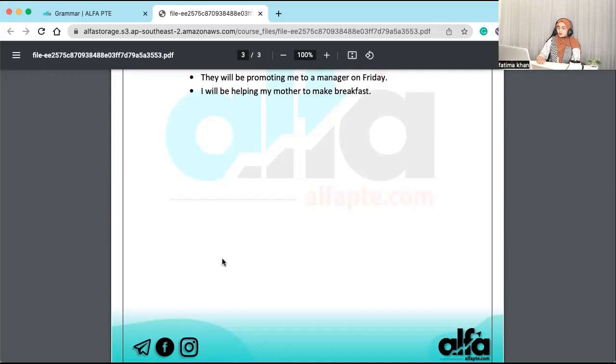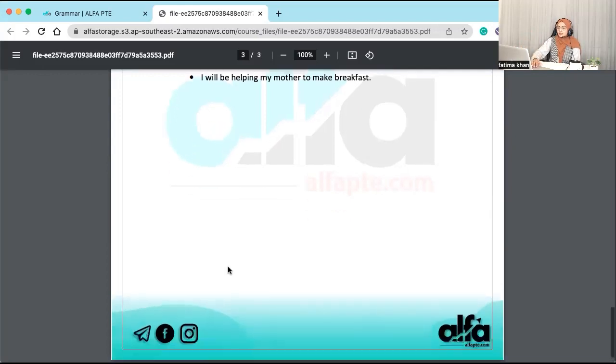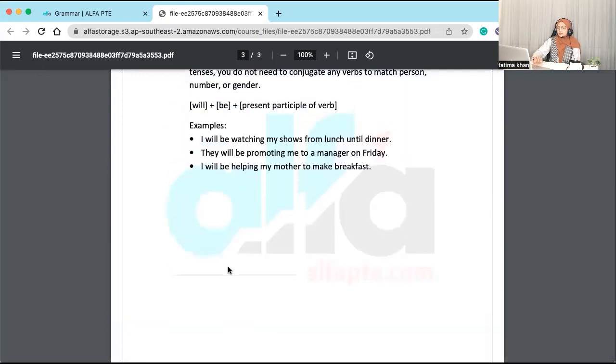Okay. Or what else? My parents will have been moving in with me by this time next month. So, something that will happen in the future which will be ongoing for a specified time. That's when you use future perfect continuous.